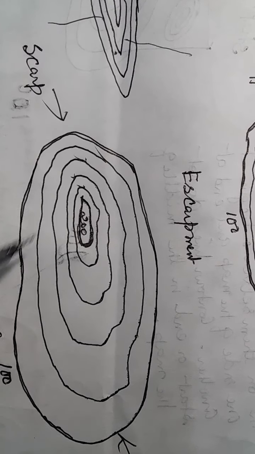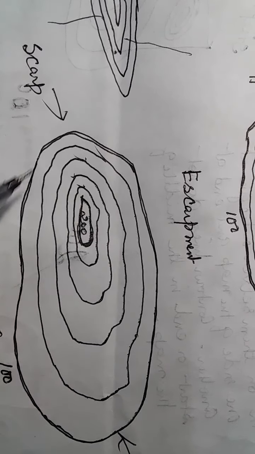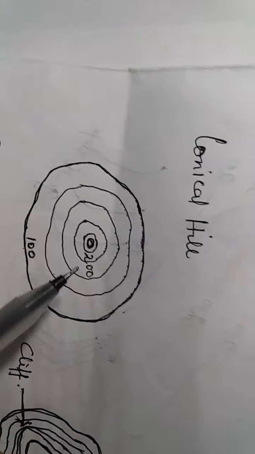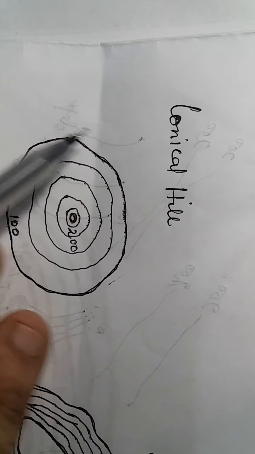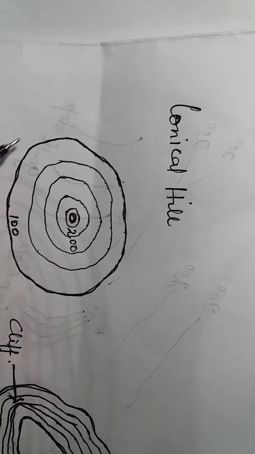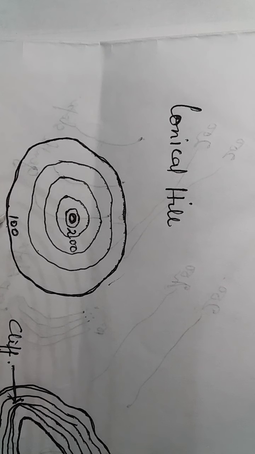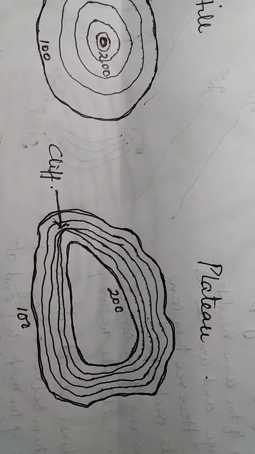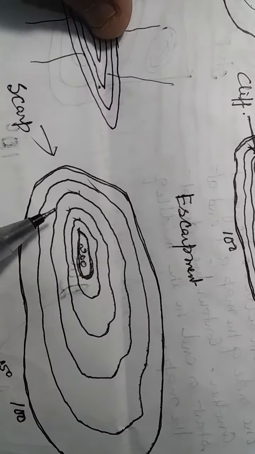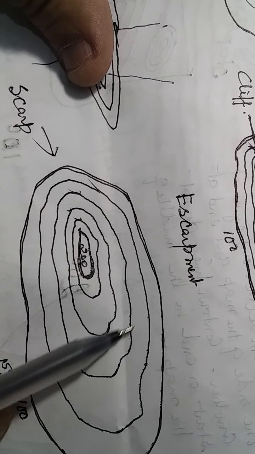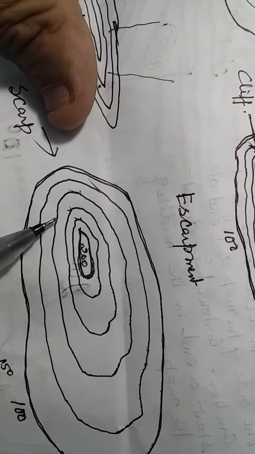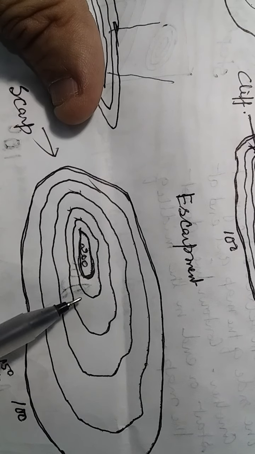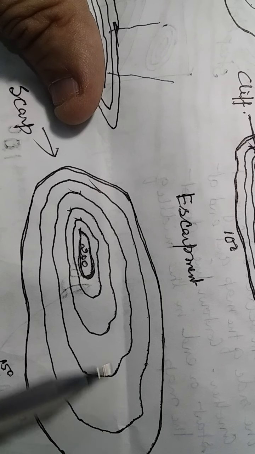Next we refer to an escarpment. See, there is a difference between an escarpment and a conical hill. In a conical hill you have concentric contours. Here in an escarpment you see the contours are drawn in a manner that on one side it is narrowly spaced, on the other side it is widely spaced.